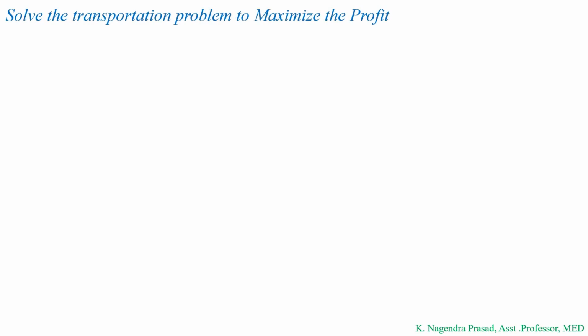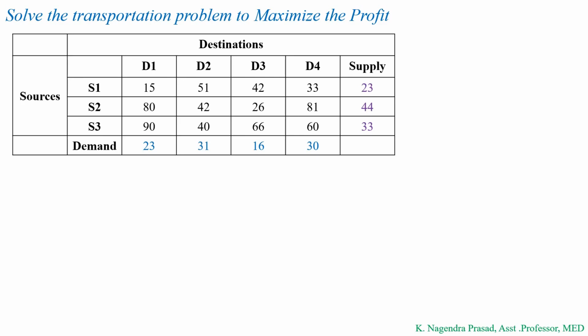Let's see the example problem. Solve the transportation problem to maximize the profit. Here there are three sources S1, S2, S3 and four destinations D1, D2, D3 and D4. Let's see the solution. First we have to cross check whether the given transportation problem is balanced or not.